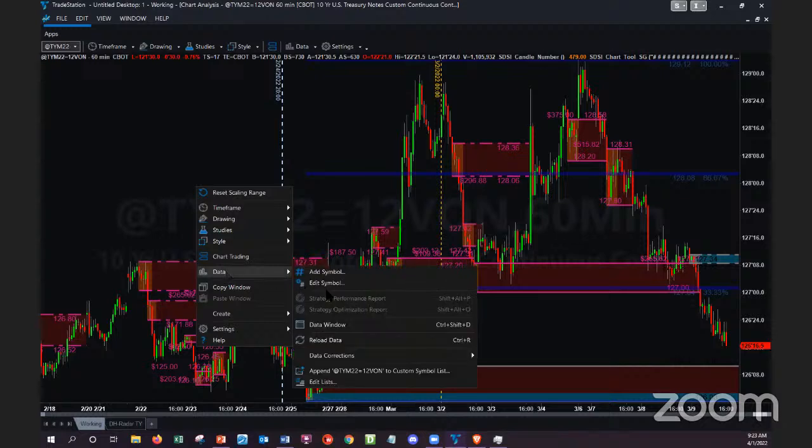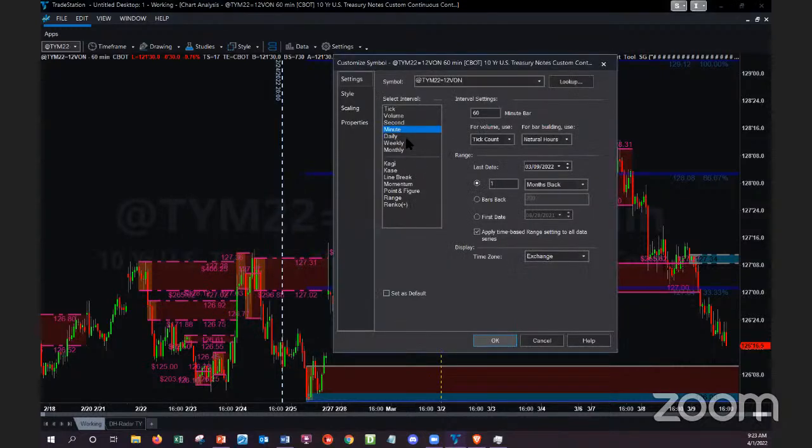So let's go in here to go to data, edit symbol, and back to TYH. 1 month back, 3/9. That still works. Actually, it expired on 3/22. 3/21, but 3/22 will work.